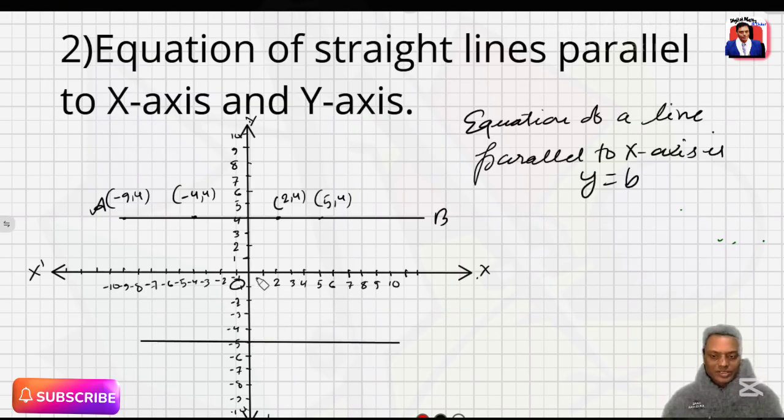If this is PQ, then this length is 5. The coordinates of this point will be (4, -5), then (-4, -5), and (-7, -5). Here the y-intercept is negative 5, so the value of b will be -5. So the equation of a line parallel to the x-axis is y equals b.